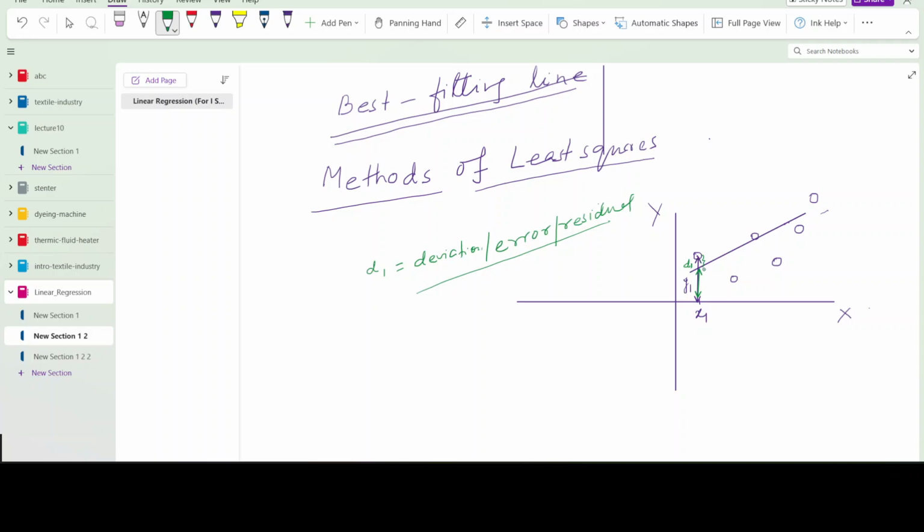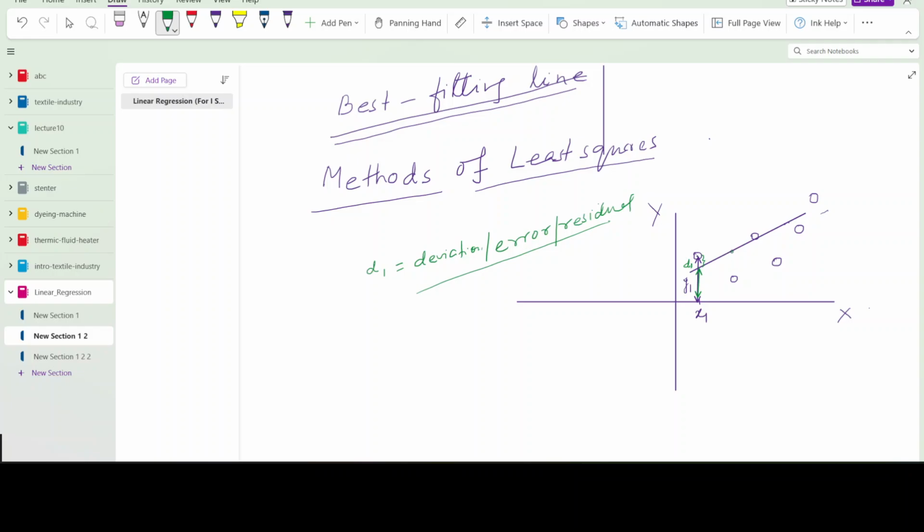The vertical distance from the point of observation to the point on the best fit line is known as deviation or error or residual.